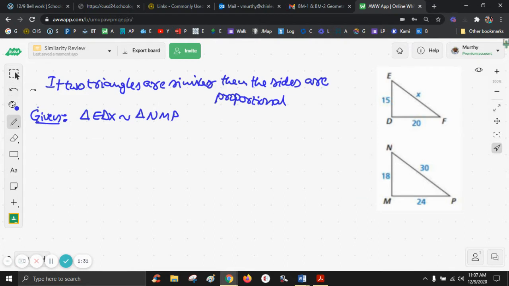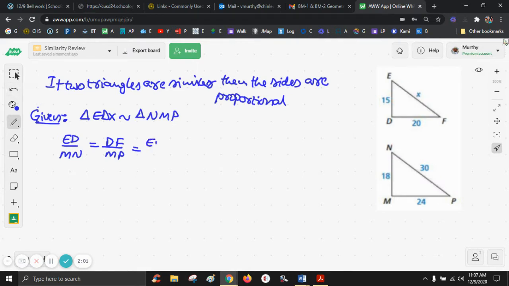Please notice that I am taking the corresponding sides. So ED over NM or MN, it's one and the same. That is equal to side DF over MP, equal to side EF over NP.